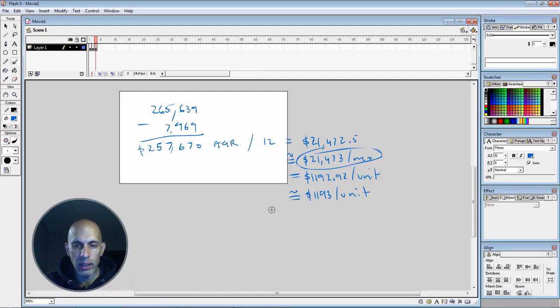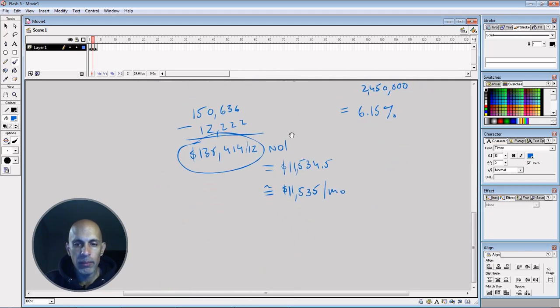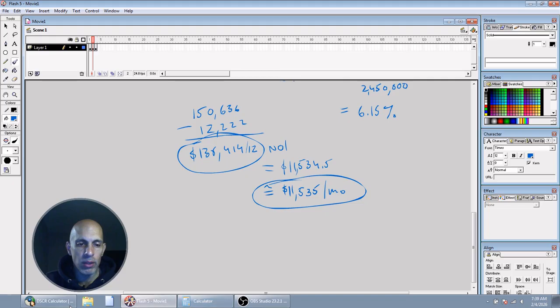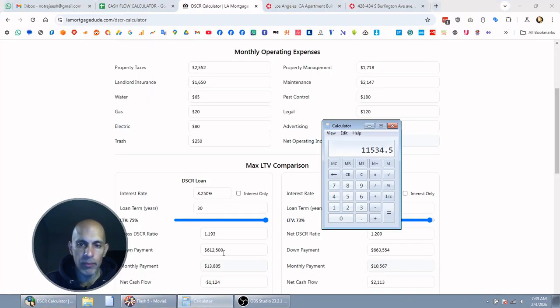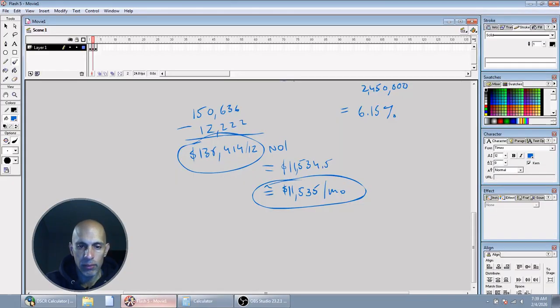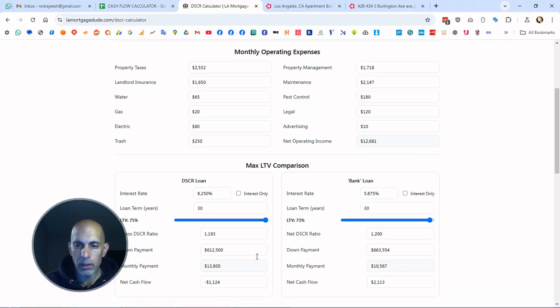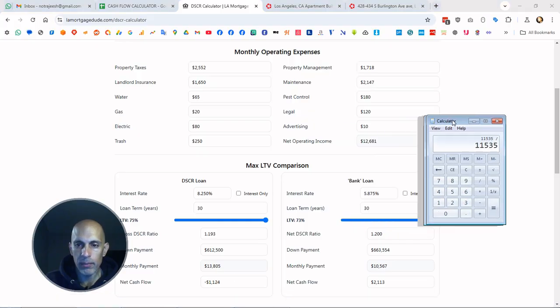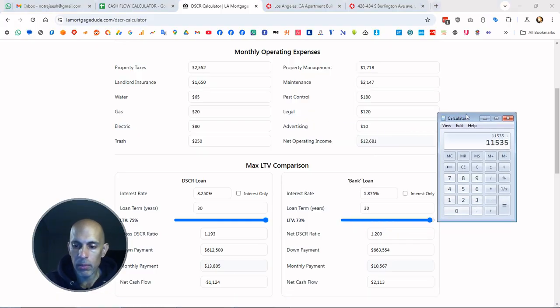We actually need to get down to 11,535. So if I were to just do some simple math here, 11,535 minus 12,681, we get 1,146.